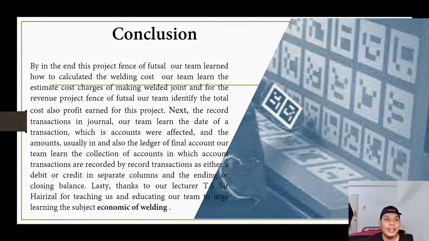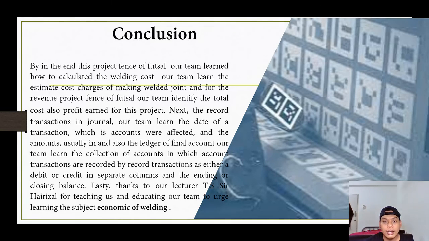Okay, by the end of this project, Fans of Futsal, our team learned how to calculate the welding cost. Our team learned to estimate the cost charge of making a weld joint, and for the revenue of the project, our team identified the total cost and also the profit for this project. Next, the record of transaction in journal.